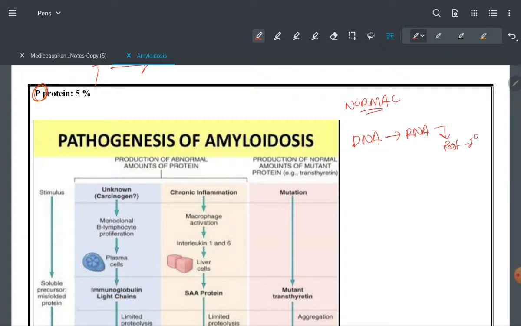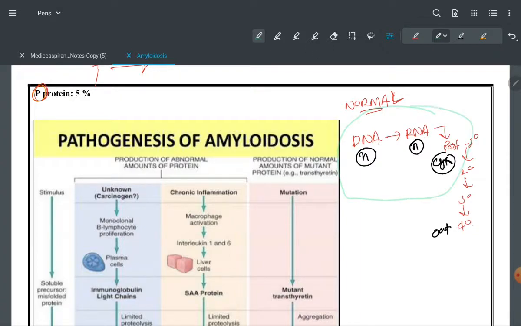Protein has a primary structure, secondary structure, tertiary structure, and quaternary structure. Simply, okay, it is normal physiology. Now if you talk about the place, it is in the nucleus, then in the cytoplasm, and it goes out. When we talk about a single cell, it is simply a cellular structure. By this we can imagine, right?